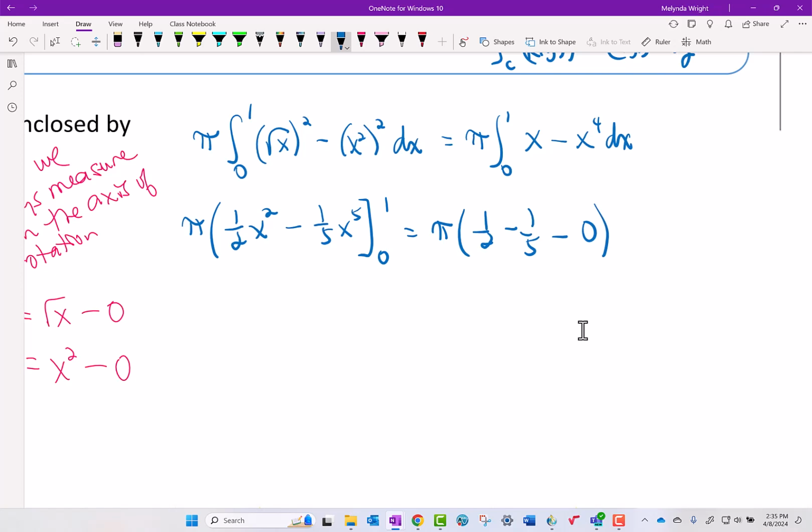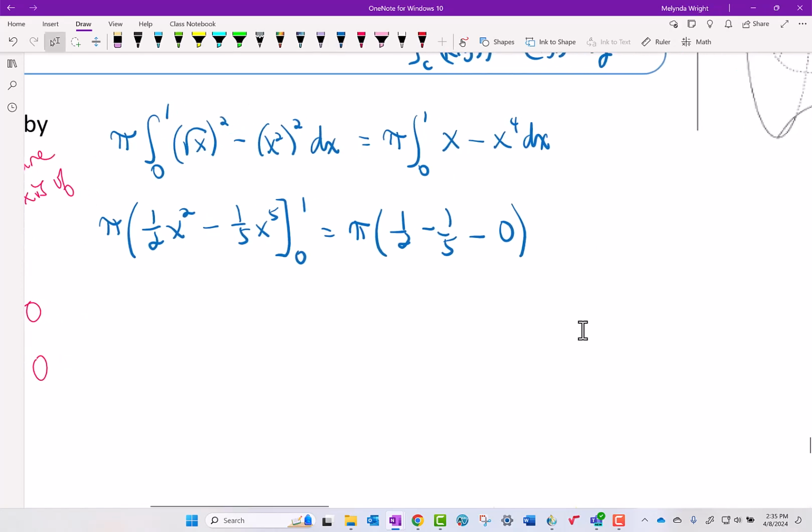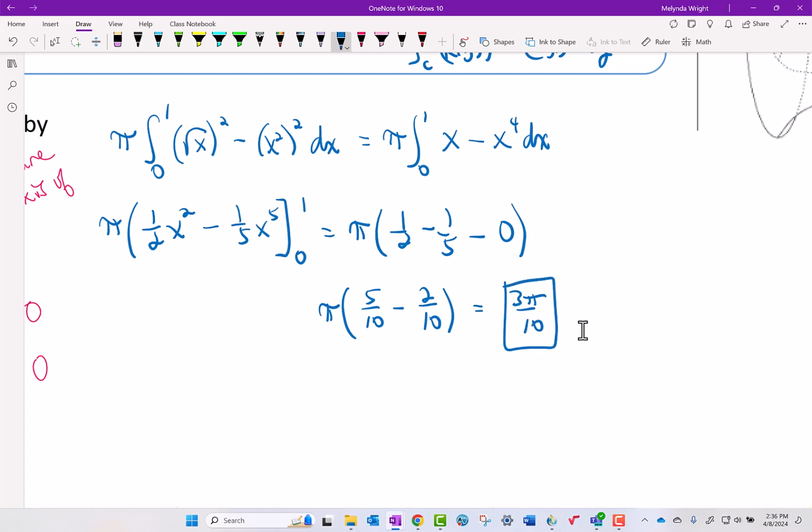Okay, so I went ahead and found a common denominator, that would be 10, right? So that would be 5/10 minus 2/10. And so that's 3/10, so 3 pi over 10 is my volume.